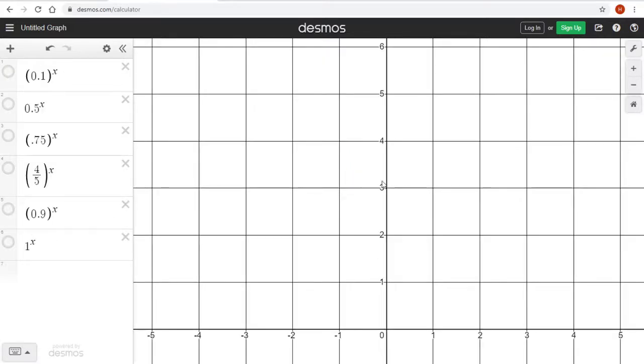All right, and so before we can have a better generalization of what the graphs give, let's put our graph of 0.5 to the x, or 1/2 to the x, together with some other exponential functions. This is the graph we have just seen.